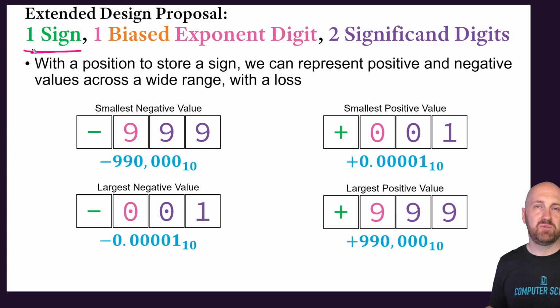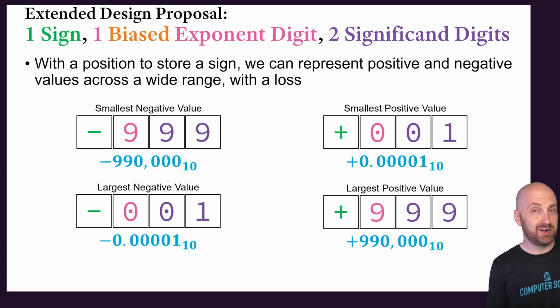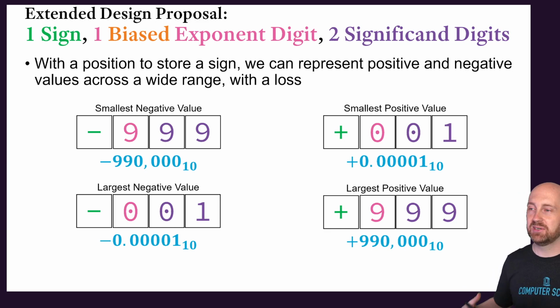Here we're going to say we're going to give space for a negative symbol or a positive symbol if we want it, right? And by using one more position, we can add the ability to represent negative numbers. So we can represent negative numbers that are very close to 0 or very far away from 0, depending on the exponent that we're using, and we're still using a bias here.